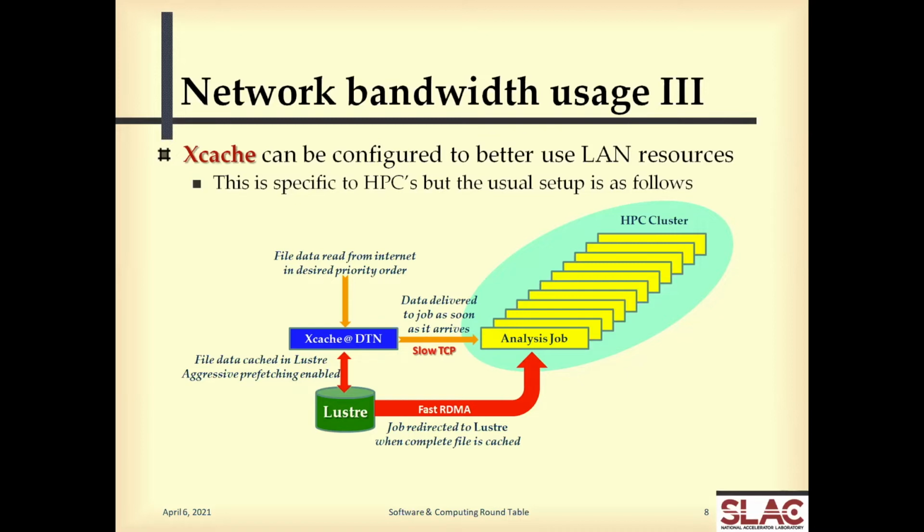And as the analysis job starts, data is missing. It gets fetched through the DTN, placed in Lustre, and also delivered to the analysis job across the slow TCP link. But once the file is fully cached in Lustre, then the client is redirected to the actual file system, and then all the data proceeds into the analysis job using the RDMA channel.